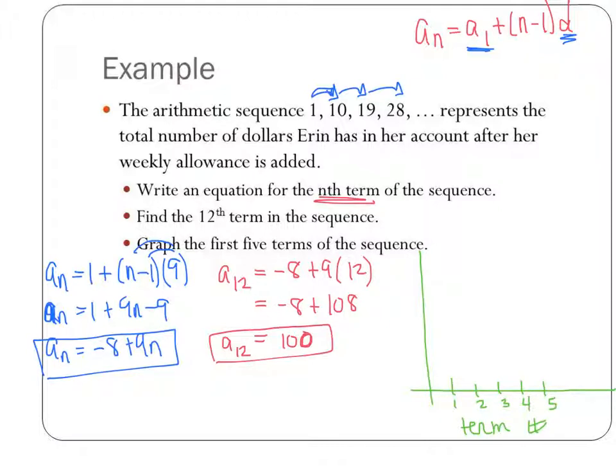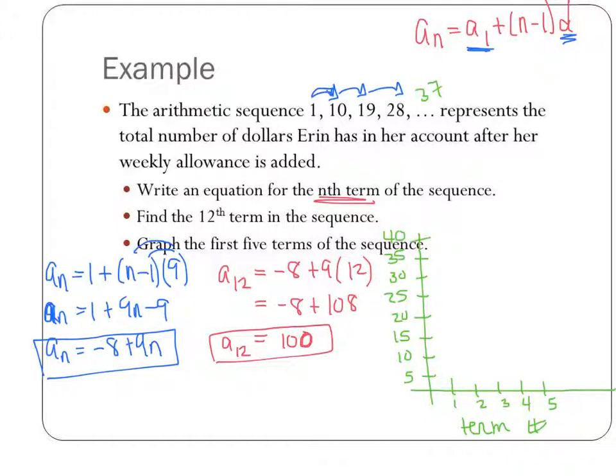So first of all, I need to find my fifth term. My fifth term is 37. So this needs to go up to 37, so I'm going to count by 5s. Go up a little further to 40.